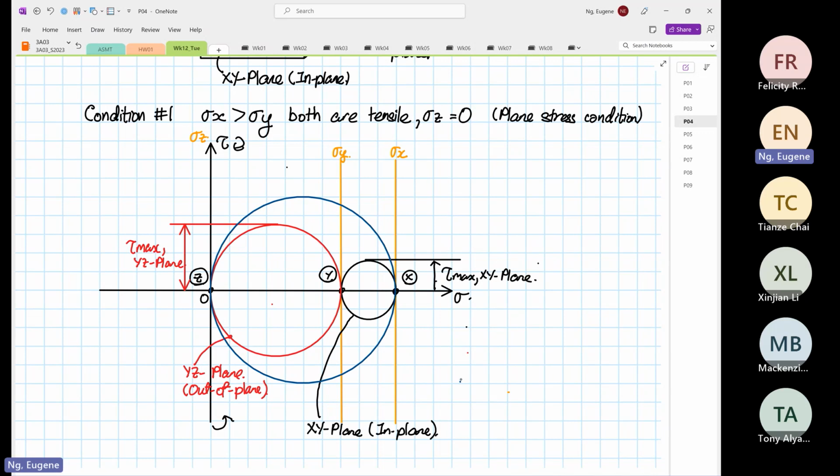So it touches point X and point Z. Now this is on your XZ plane, and this is your out of plane.